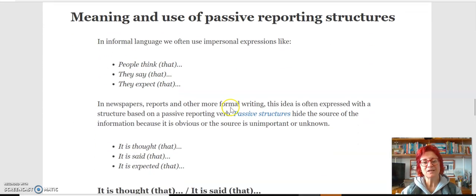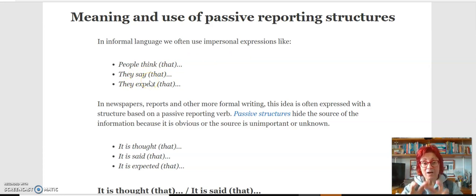But then we can find the passive in reporting structures. For example, used in newspapers, reports, and other more formal writing. So instead of saying people think that, or they say that, they expect that, because who these people are, who is they, who, we don't know and we don't care.